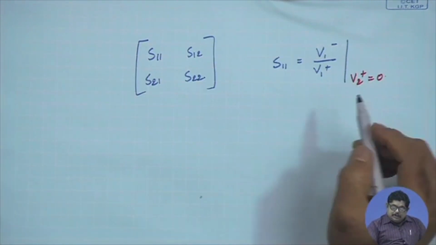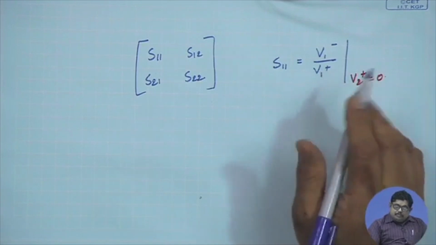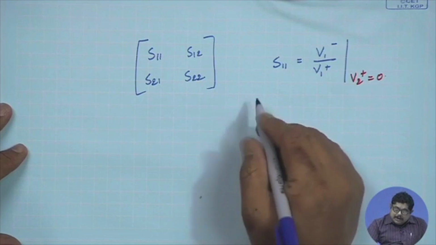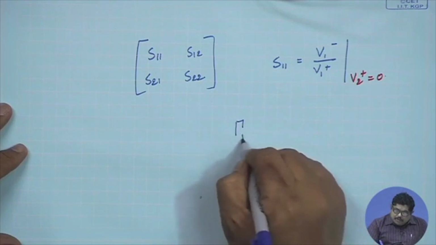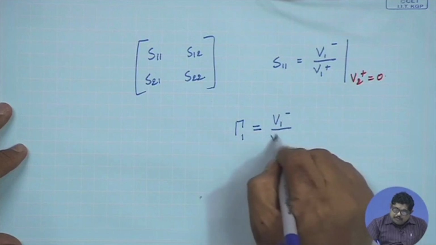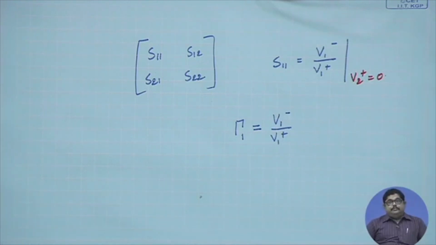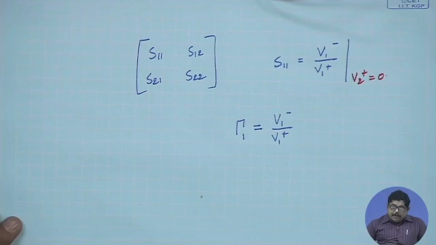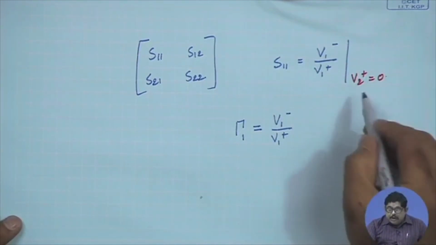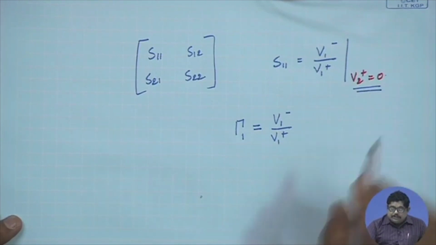Now, is S11 equal to reflection coefficient? In general, what is the reflection coefficient of port 1? Reflection coefficient of port 1 is V1 minus by V1 plus, but S11 is V1 minus by V1 plus with the added condition of these.